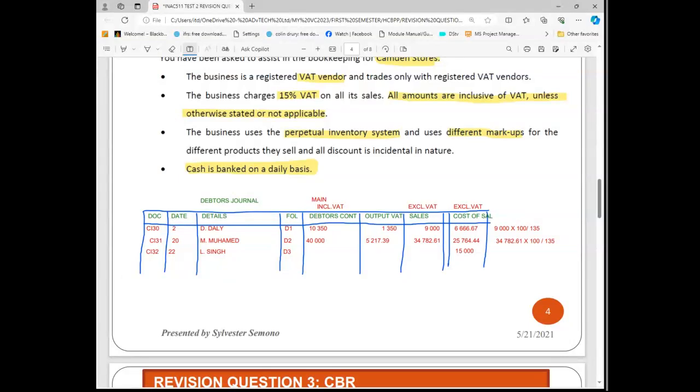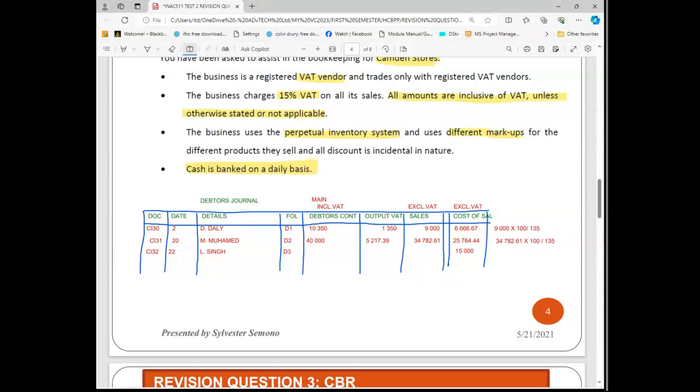For VAT, we either use sales or what? Remember, debtors control. So we never just write it down for future: you can't calculate VAT on the cost of sales. The VAT is either calculated on the sales if it's given, or on the debtors control if the amount is given. Does that make sense?